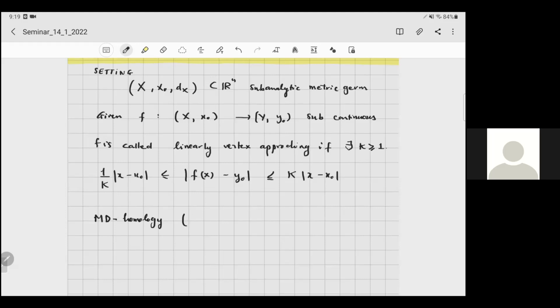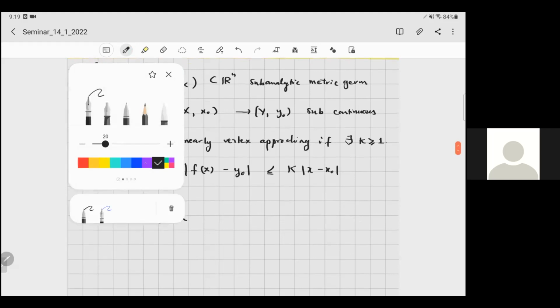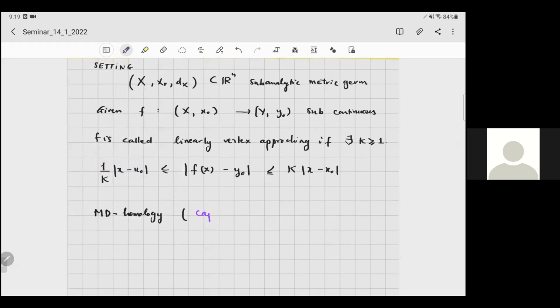The MD homology is used to capture the singular homology of the link of the germ after collapsing it with certain speed.